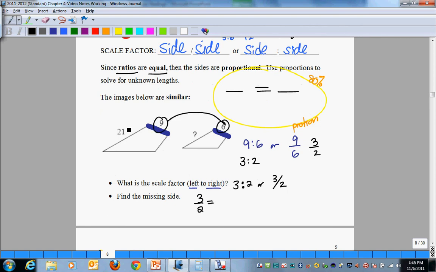So I go left to right, is going to be equal to the ratio of left to right. I have to keep the same order. So I'm going to go 21 over unknown. Now you cross multiply, and I'm going to have 3x equals 2 times 21. I'm going to divide both sides by 3, and I'm going to get x equals 14. So my unknown side here would be 14.